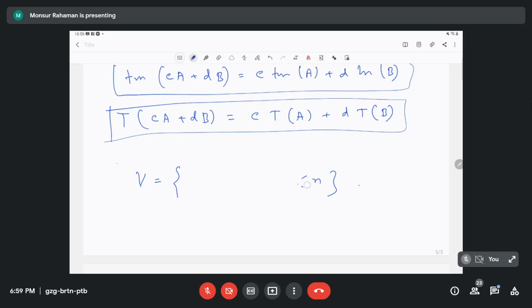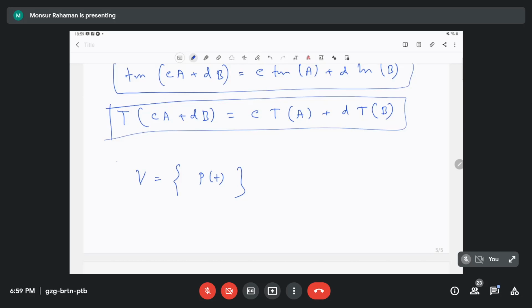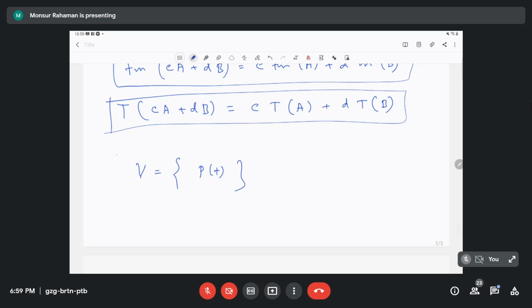But if I take all polynomials, then this is an example of an infinite dimensional vector space. Okay, all polynomials. I'm taking all polynomials. So this is an infinite dimensional vector space.